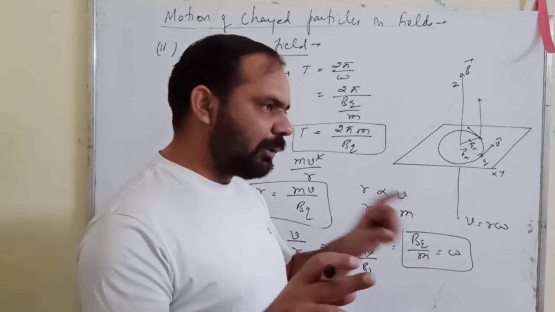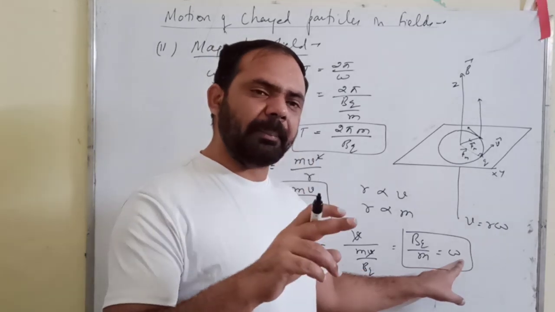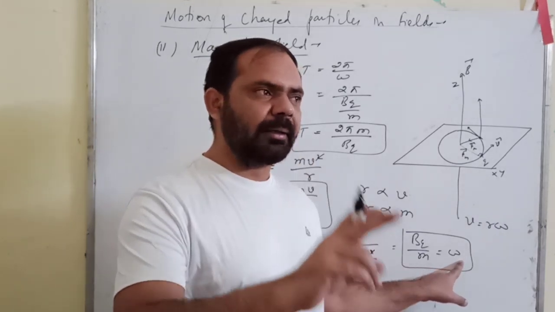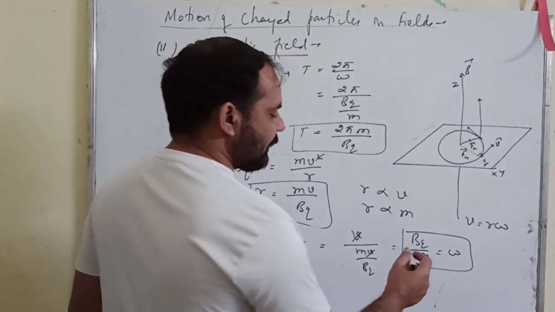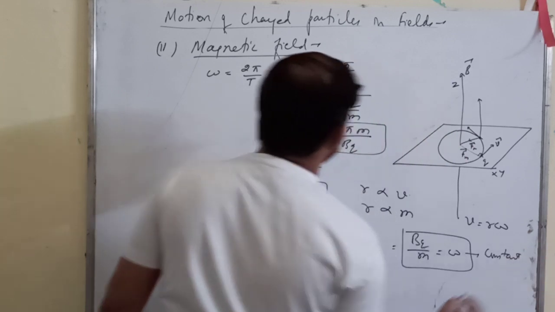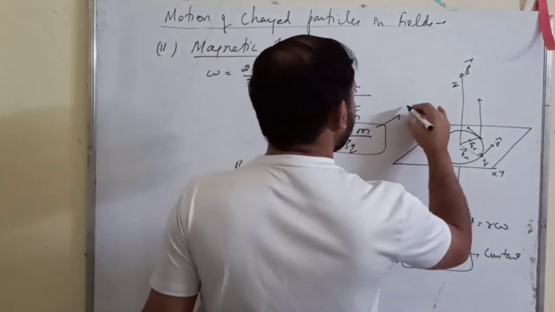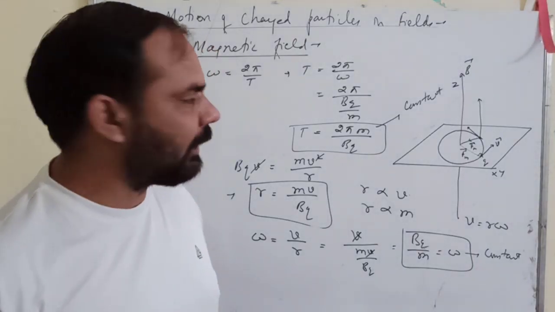So the angular frequency is independent of the radius and velocity of the charged particle. Or simply you can say that omega is a constant value, right? Similarly, the time period is also a constant value.